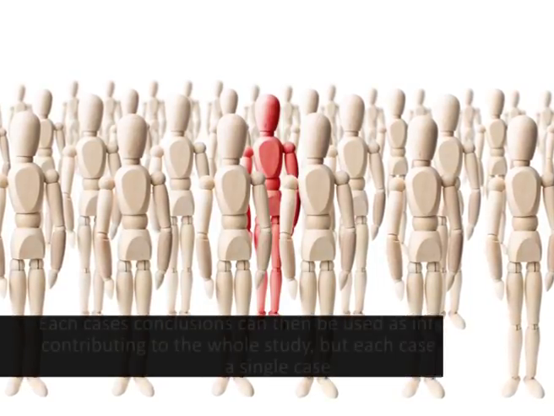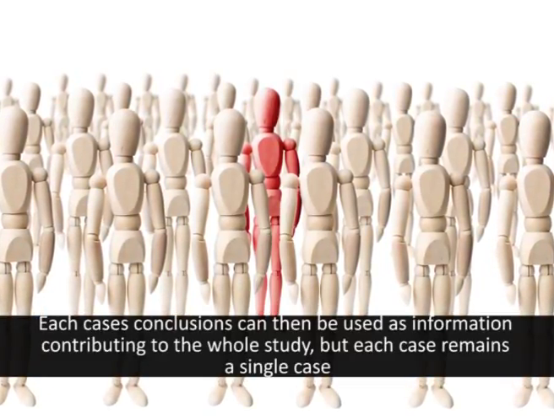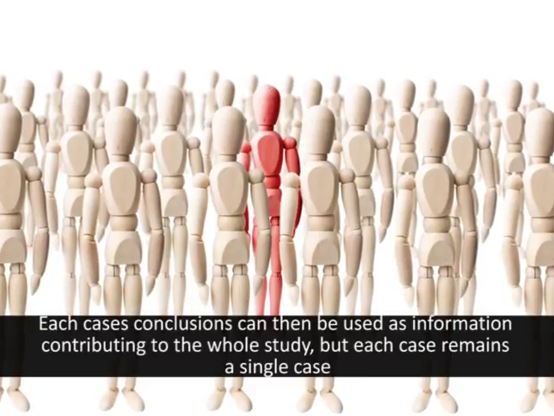Each case's conclusions can then be used as information contributing to the whole study, but each case remains a single case. Exemplary case studies carefully select cases and carefully examine the choices available from among many research tools available in order to increase the validity of the study.